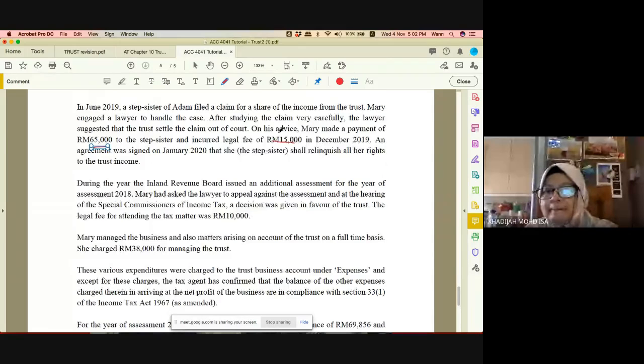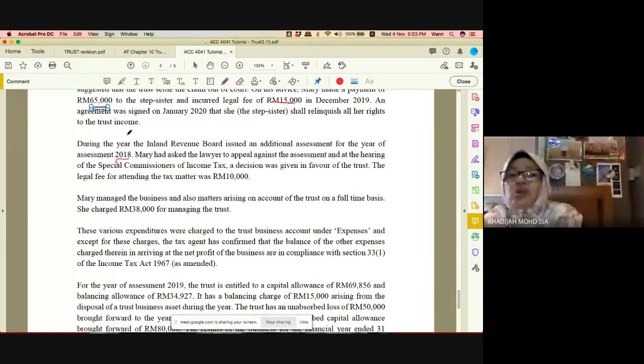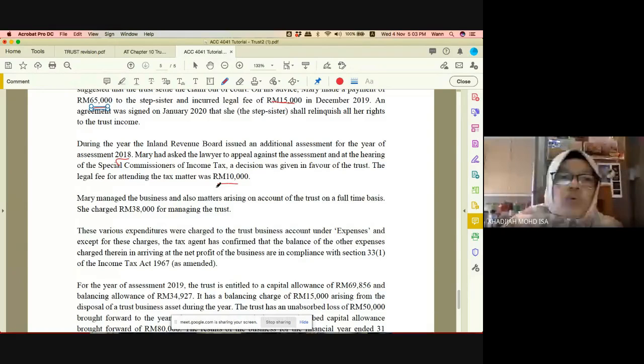And then you have additional assessment for 2018. So now remember, you're doing tax computation for 2019, for the trust. So whatever you have here, the 10,000, is for YA 2019. So you have to decide whether this tax amount of 10,000 is a deductible expense for YA 2019.